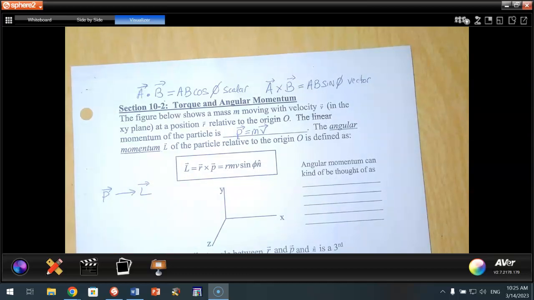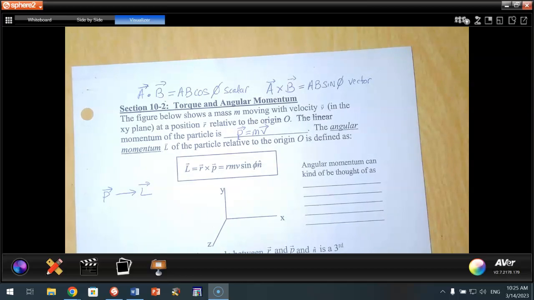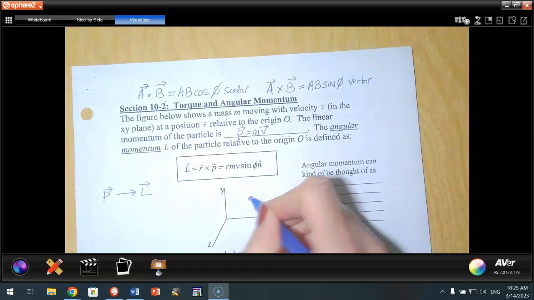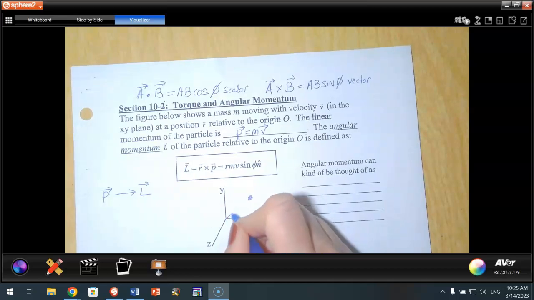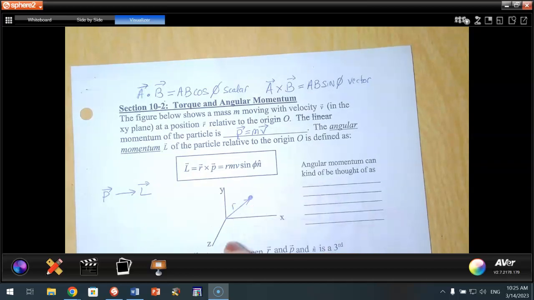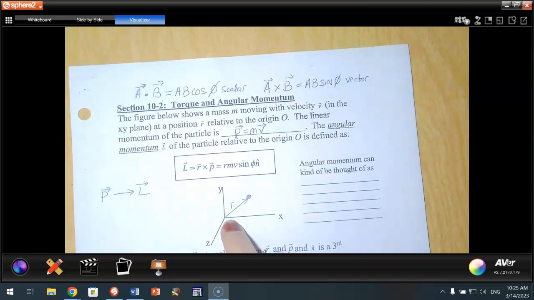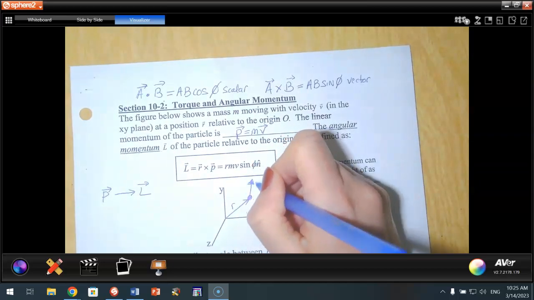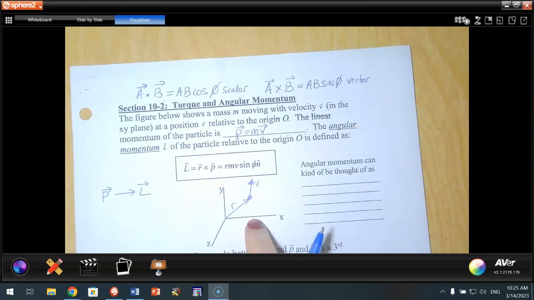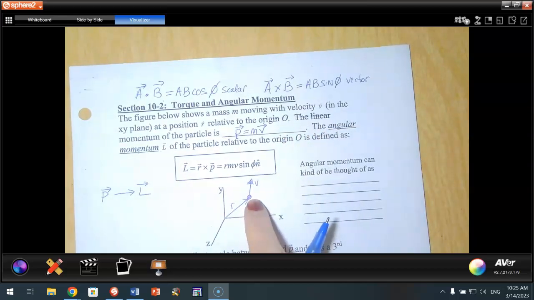We're going to use this three-dimensional grid to help us describe what it is. Imagine this is like a room in a classroom. I've got a particle, and we'll put the particle here in the XY plane. Let's say that particle is a distance r away from the origin, and it happens to be moving with a velocity, again in the XY plane, given by that direction.